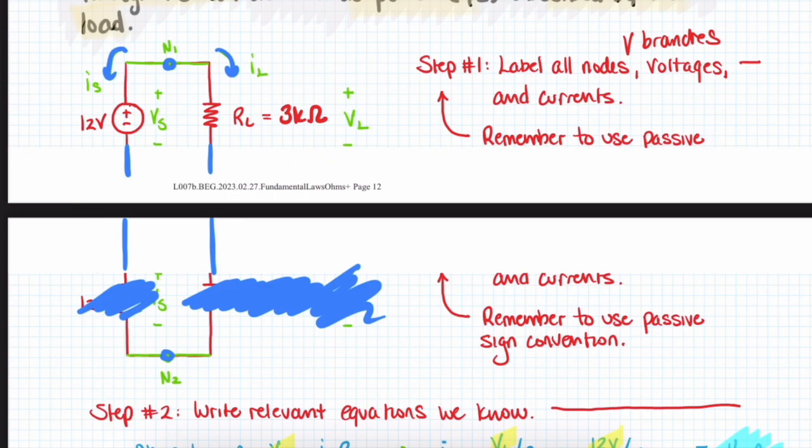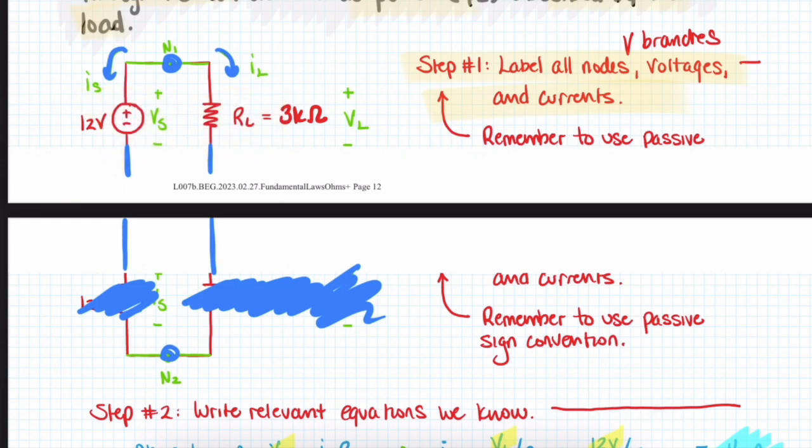So we start off by labeling all the nodes, branches, voltages, and currents. So you can see here we have 2 electrically independent nodes. We have 2 branches, this one and this one. And then the voltages and the currents are already labeled.